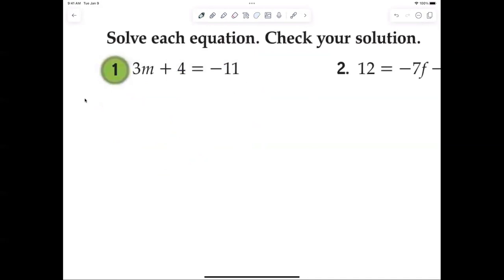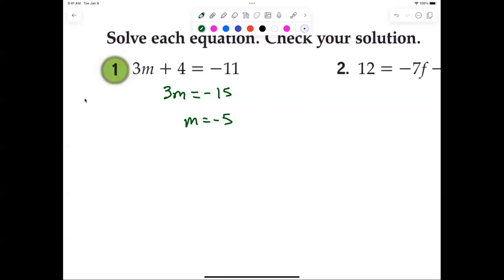You can say, I'm subtracting 4 from both sides. If I subtract 4 from both sides, I'm left with 3m equals what? -15. And then what am I doing? Dividing by 3. So m equals what? -5. That's the answer. You don't have to write all that work out.